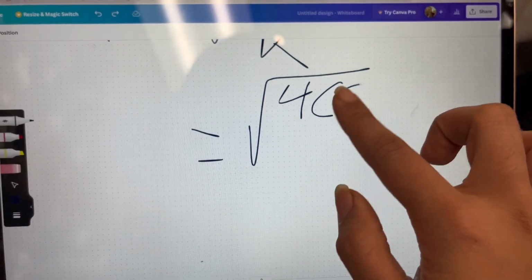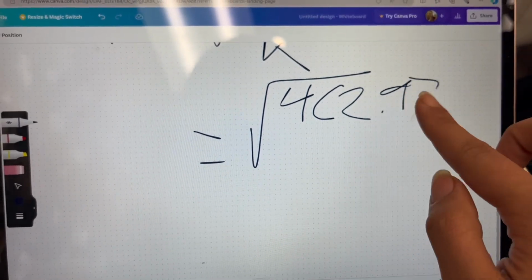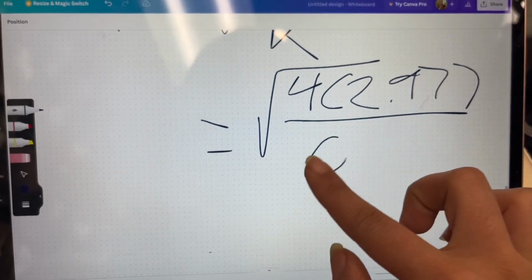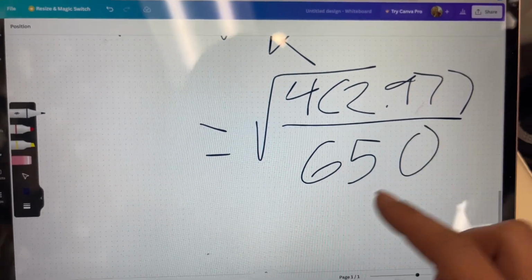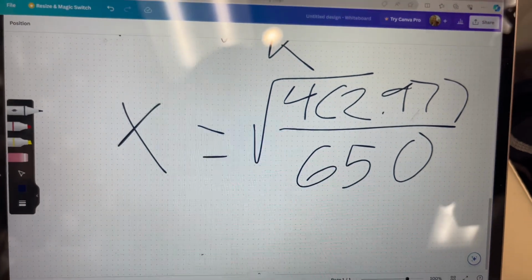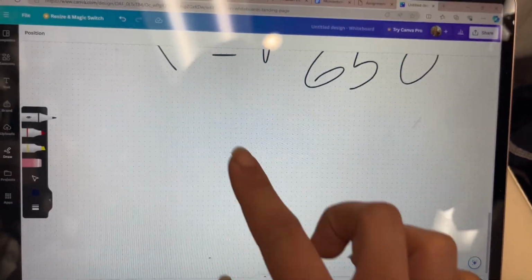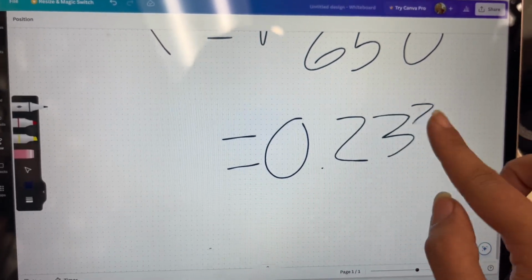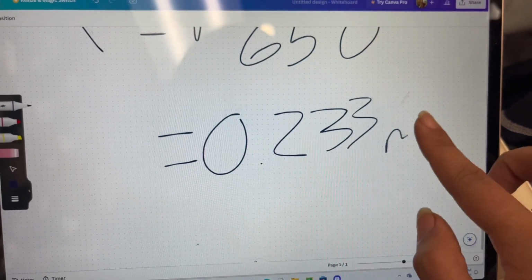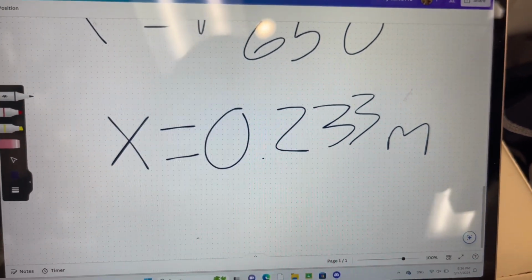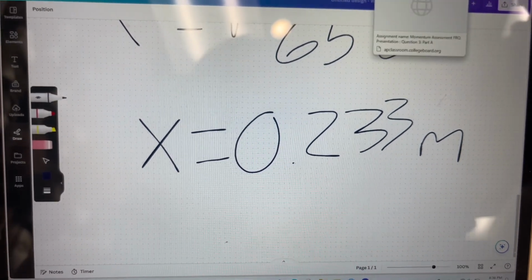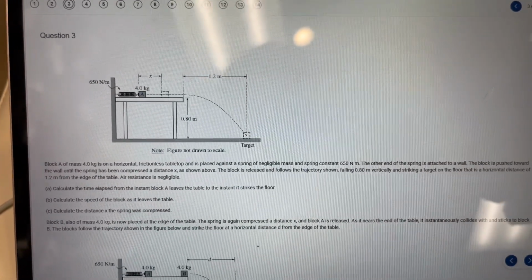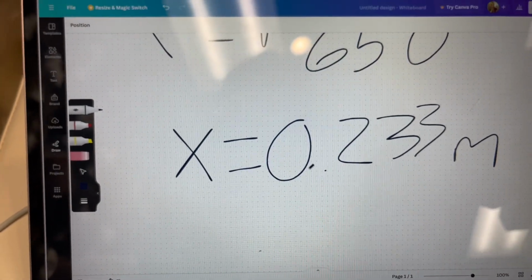We just plug that right in, 2.97, over the spring constant, which is also given, which is 650, and then you could do x. And that calculates to 0.233 meters. So in conclusion, the distance x the spring is compressed, this number, is 0.233 meters.